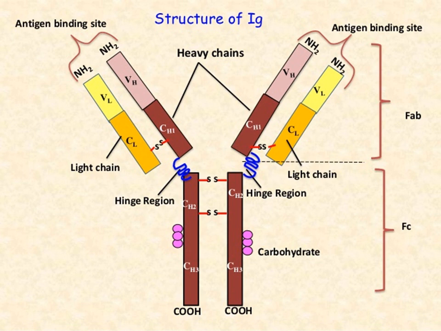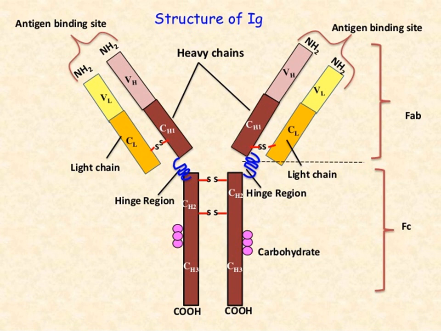For example, the second constant domain of the heavy chain, denoted as CH2, serves as a site for binding and activation of the complement. So the complement cascade binds to this CH2 domain, the second constant domain of the heavy chain.